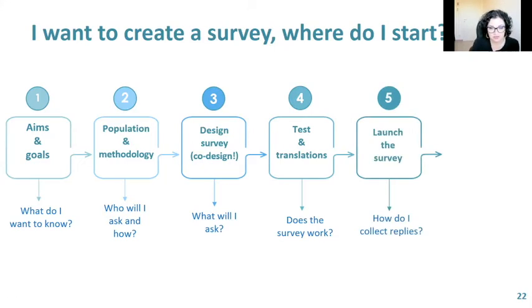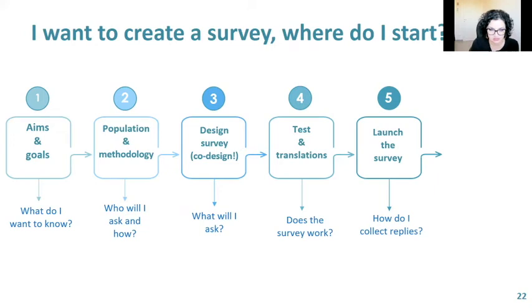Then, very important, plan how you will launch the survey and ask everyone you know in your network if they can help you to collect as many replies as you can get. Again, networking is usually very important.